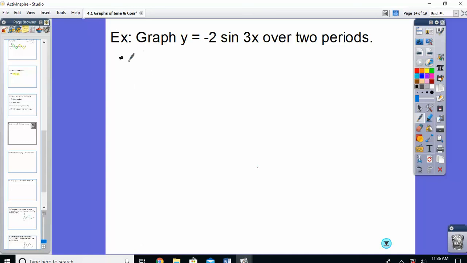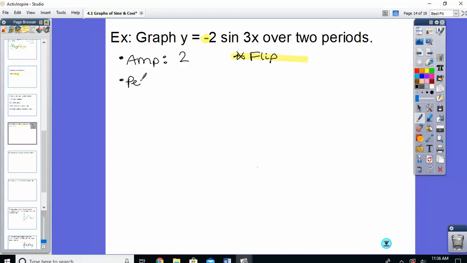The amplitude is always positive, and it's the coefficient in front. So what's my amplitude here? 2. Because there is a negative, what does that tell me is going to happen? Flips. So I'm going to make myself a little note that I have to flip this one. It'll flip over the x-axis.